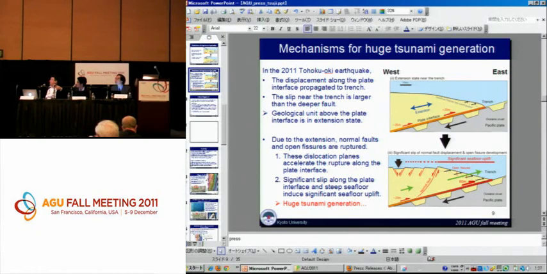In such a case, the tsunami should become larger, as in the 2011 Tohoku earthquake. So now we are trying to reveal this region using seismic data in the Nankai Trough.